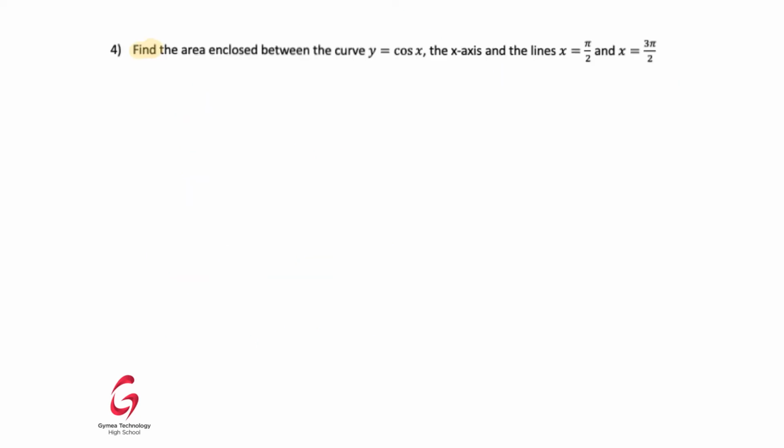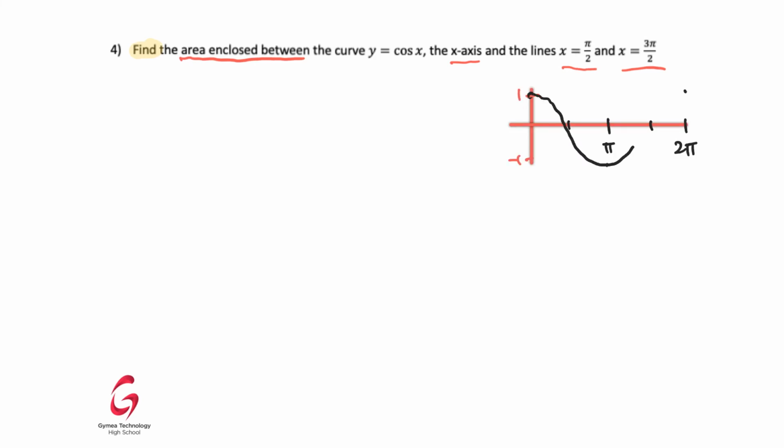Okay, example 4, we're finding areas again, the area enclosed between the curve cos x, the x-axis, and the lines pi on 2 and 3 pi on 2. When we're finding these areas, my immediate instinct is to do a sketch. So we're going to sketch cosine. It comes up and finishes there as so.